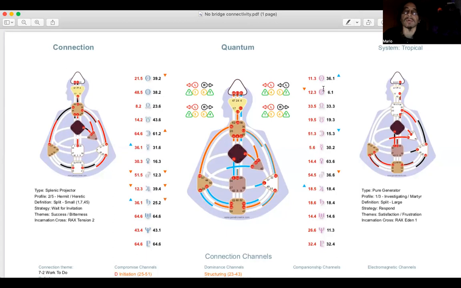On the right hand side, we have a 1, 3 generator. It's probably a manifesting generator. No, it's generator. And on the left hand side here, we have a splenic projector. So the splenic projector is a 2, 5, and the generator is a 1, 3.